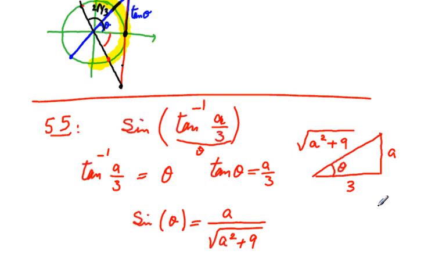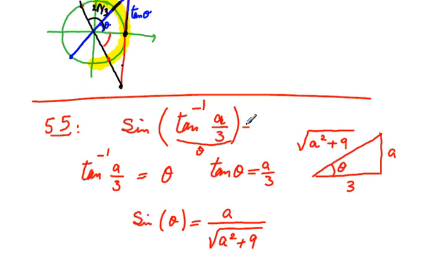No, even if A was negative, this answer would be correct. That is, if A is negative, we are going down here. The hypotenuse is the same amount. Sine of that angle is still opposite over hypotenuse. We get the same answer. And so across all kinds of possibilities, this is the correct answer.